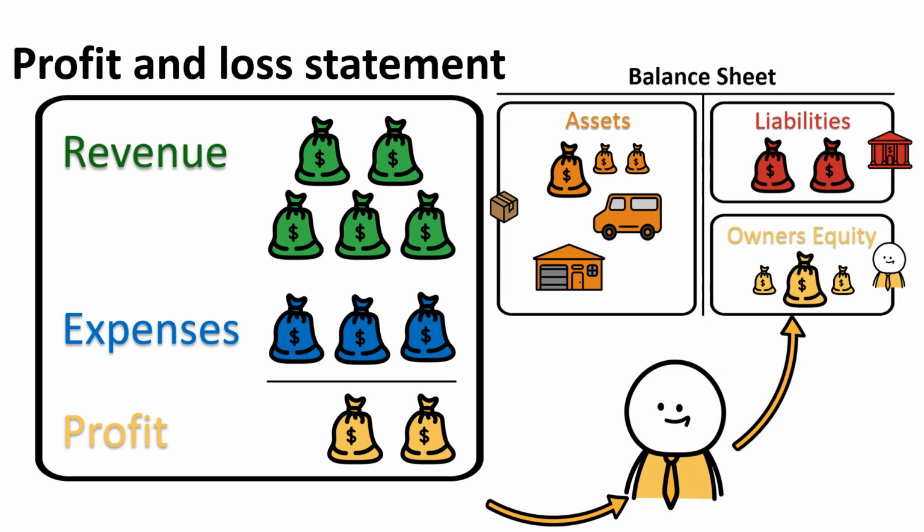We paid out 3 bags of money for expenses. So you can see that our balance sheet now has 5 items on each side. 5 assets in orange equals 2 bags of red money, the liabilities, plus 3 bags of yellow money being the owner's equity. Perfect.